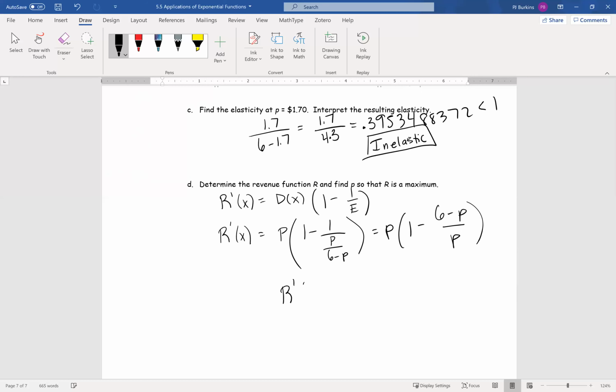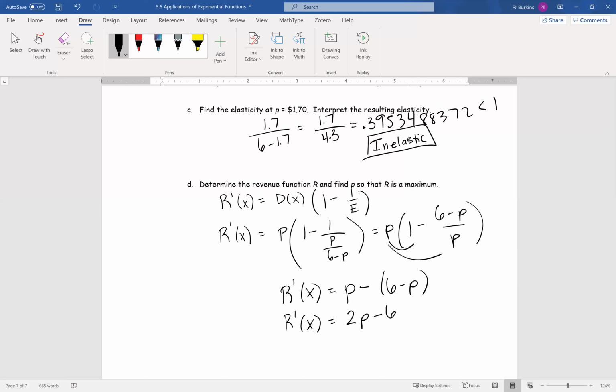R prime then is going to equal, if we distribute, p minus, and it's very important that you put parentheses here, 6 minus p. So R prime is equal to 2p minus 6, because this is negative times negative here.